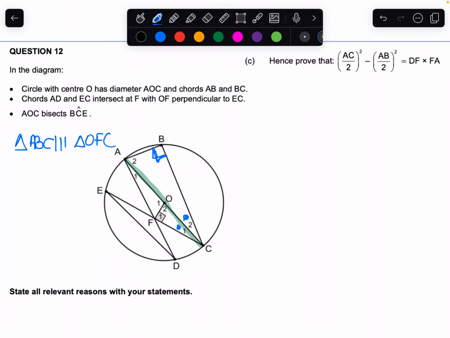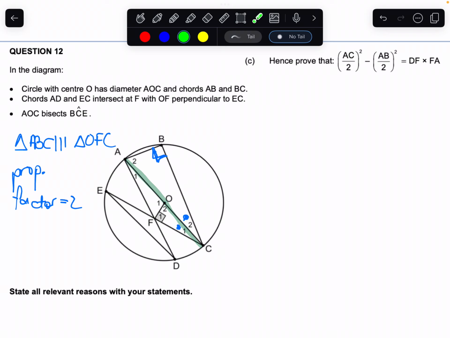And we also know that the ratio of, how do I say this, I'll say the prop factor is 2. So the relationship between this triangle's sides and this triangle's sides is that this triangle's size will be twice as big as this triangle's size. Okay, right.